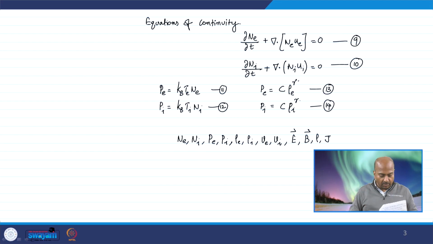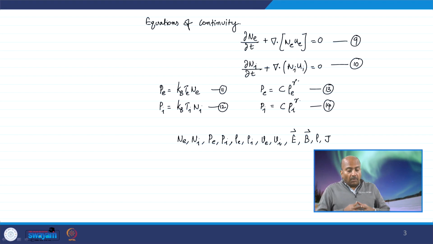Some of these variables are scalar in nature and some are vector in nature, which means combinedly these variables are enough to characterize plasma. Some variables are properties of plasma, like number of particles, charge densities, all these things.